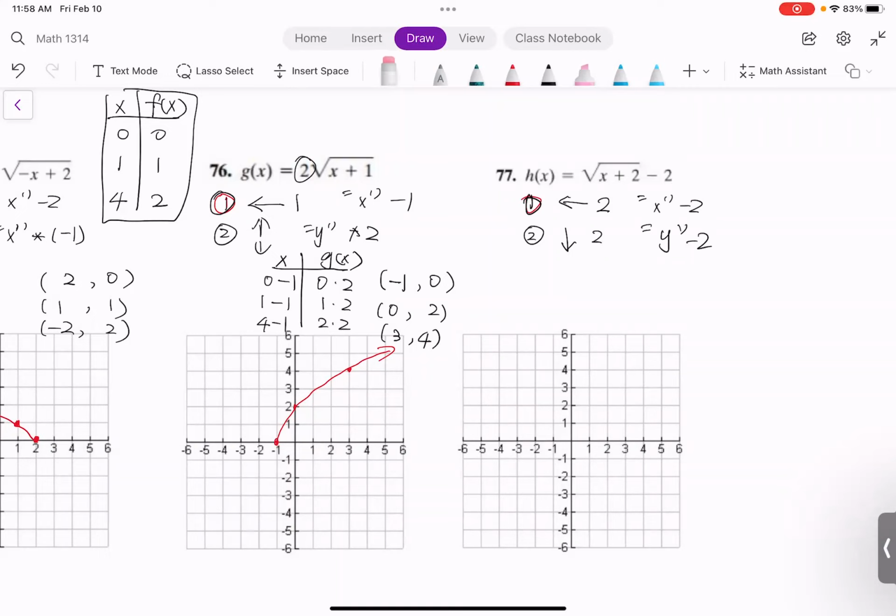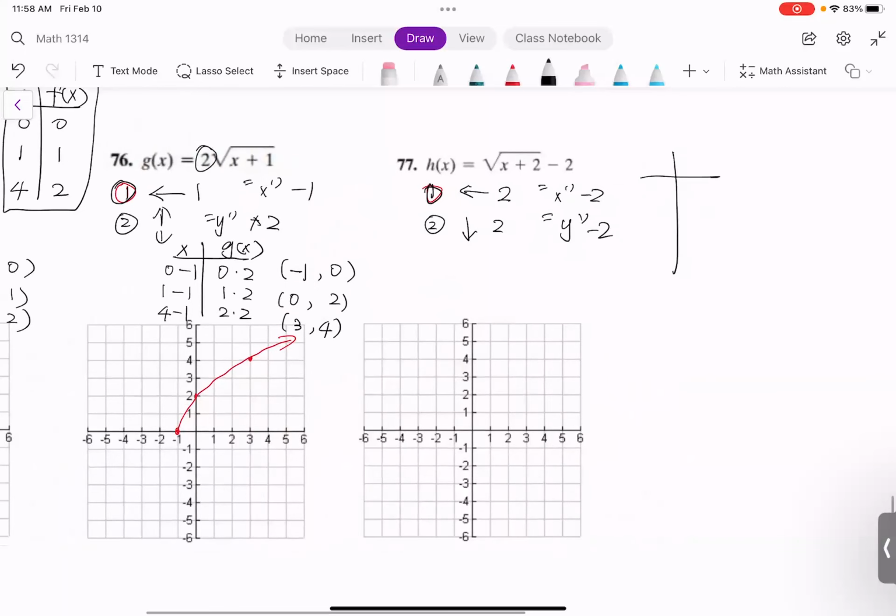And let's see the new key points. Here is x, here is h of x. And x - 2, that's 0 - 2, 1 - 2, 4 - 2. For h of x, 0 - 2, 1 - 2, 2 - 2.